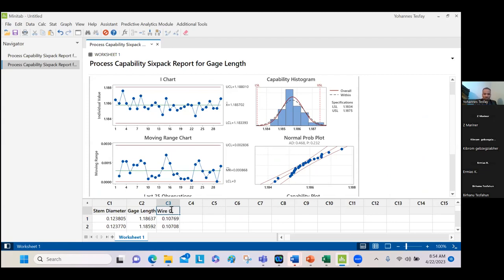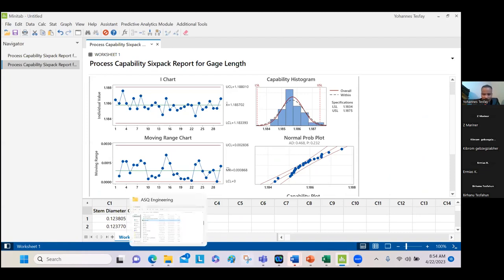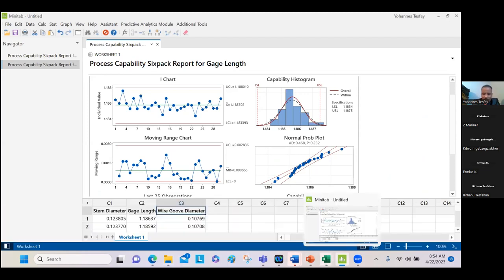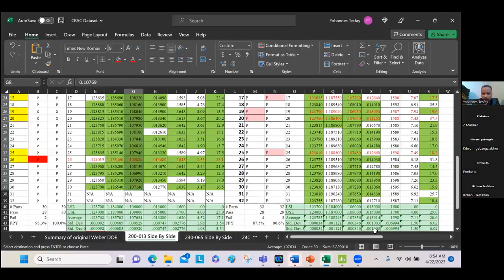Wire groove diameter, just like this. Okay, so the wire groove diameter is the hole where the wire goes in.